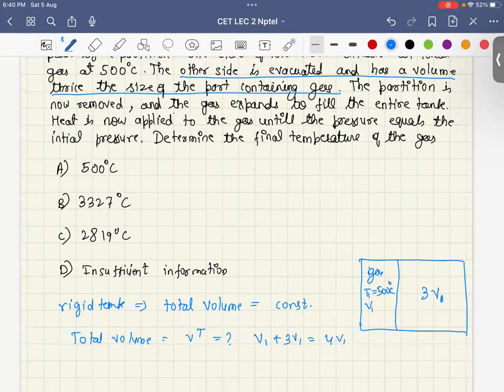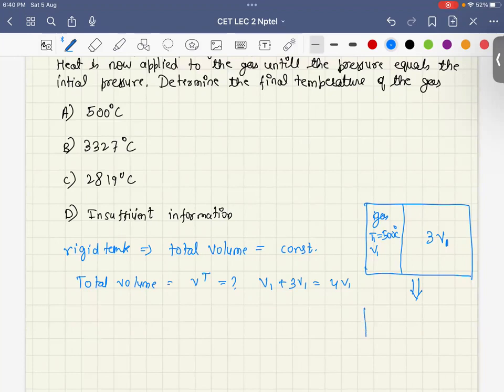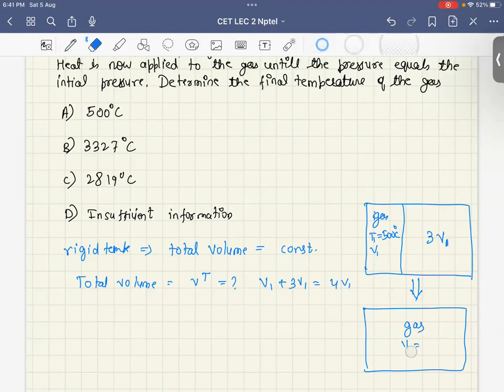Now what is going to happen is, this partition we are going to remove. So it's going to be a total system, a full container which has the gas, with a final volume Vf equal to 4V1, right?